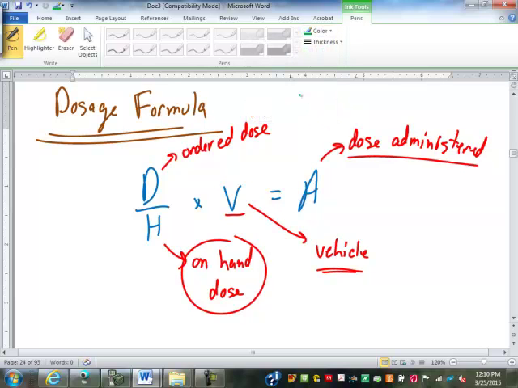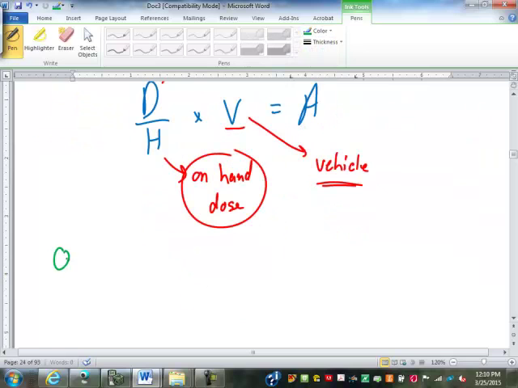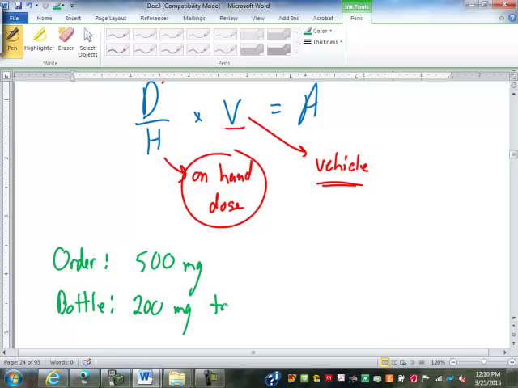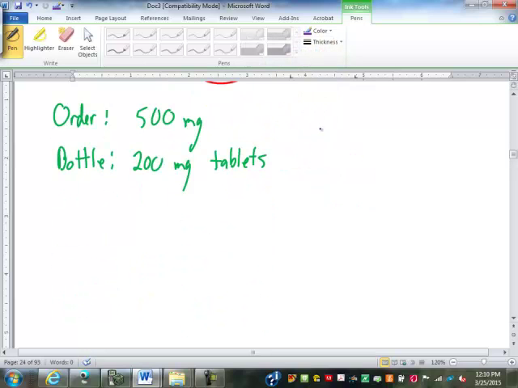So let's take a look at an example here. Let's say the doctor's order is for 500 milligrams. On the bottle, the label says 200 milligram tablets. So for our formula, D is the ordered dose.